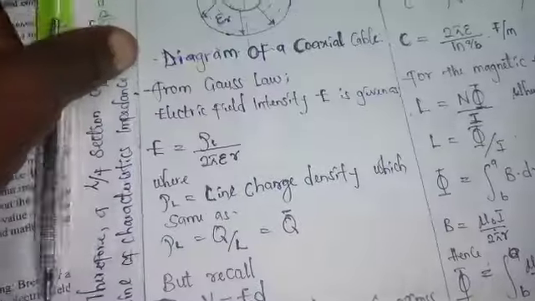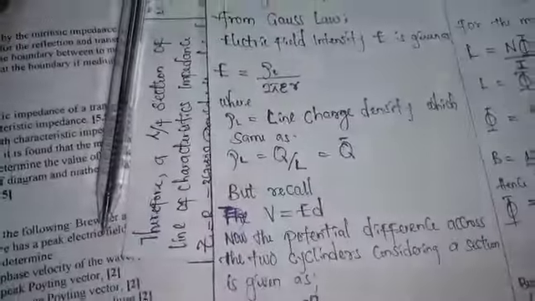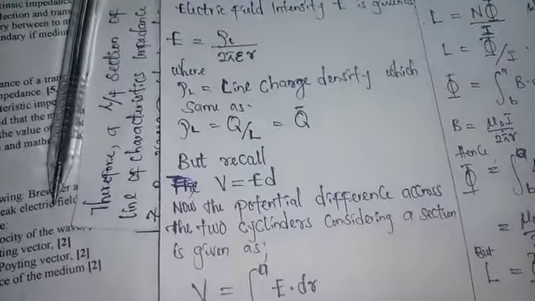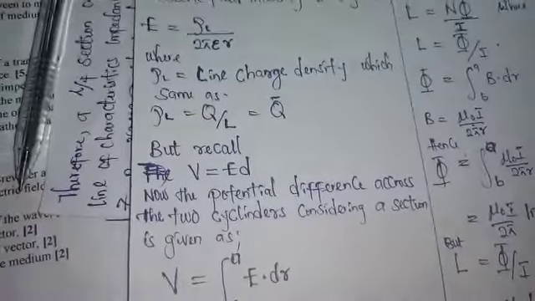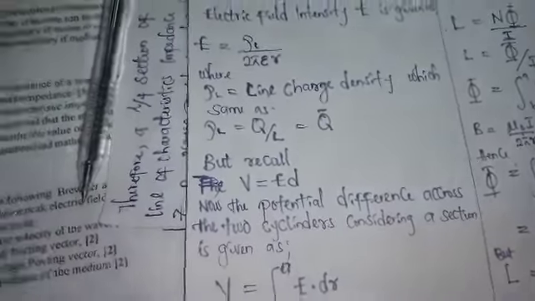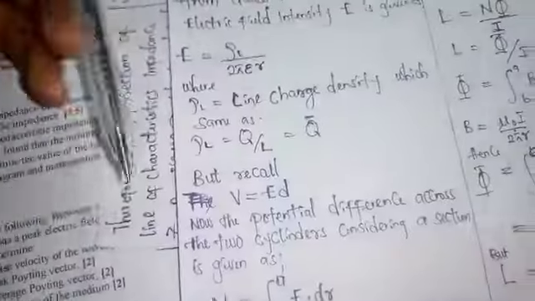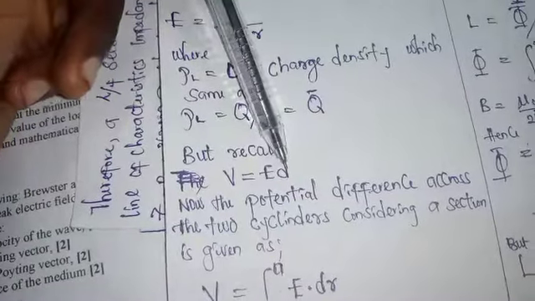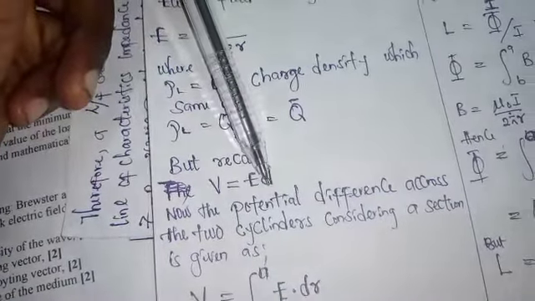Then we also recall that V, the potential difference across the two cylinders, is equal to E times D, where E represents electric field intensity and D represents distance. In our case, we are taking it to be the radius.